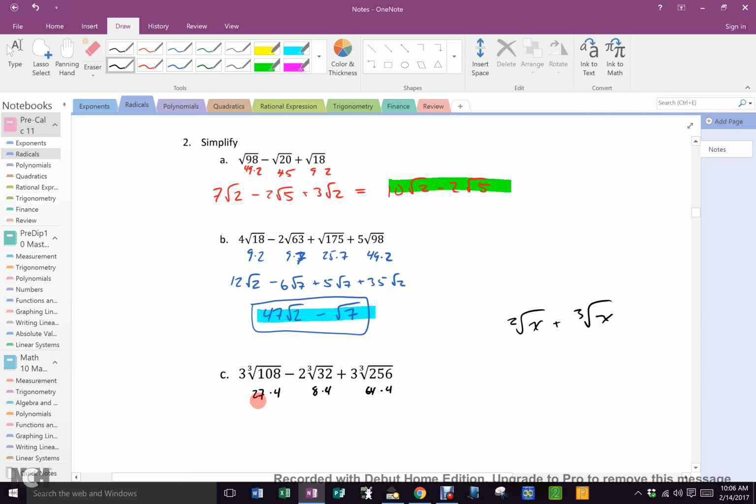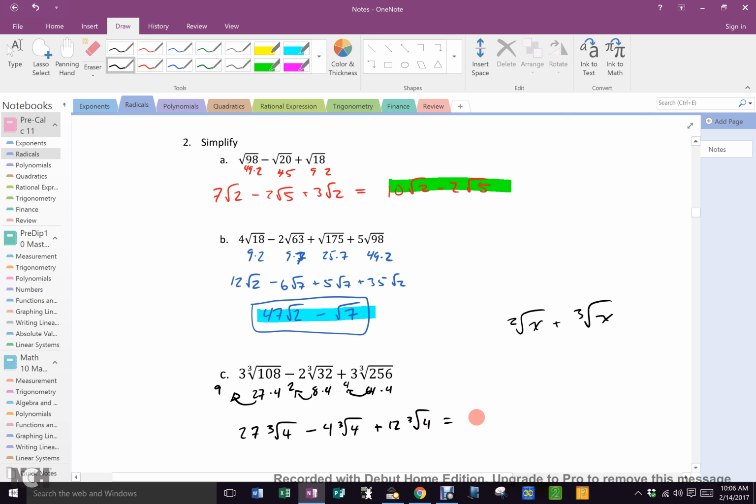So that's going to be, what comes out? 9. What comes out there? 2. What comes out there? 4. So I end up with 27 cube root 4 minus 4 cube root 4 plus 12 cube root 4.